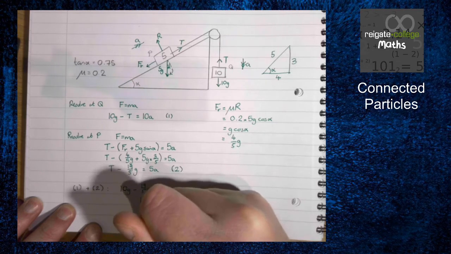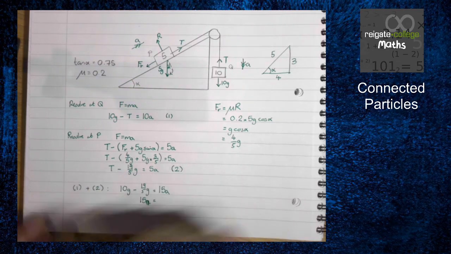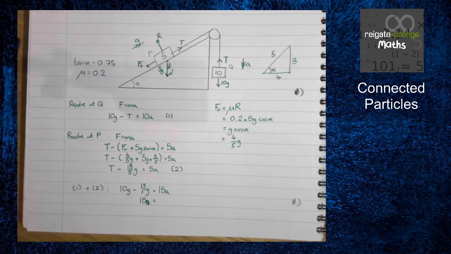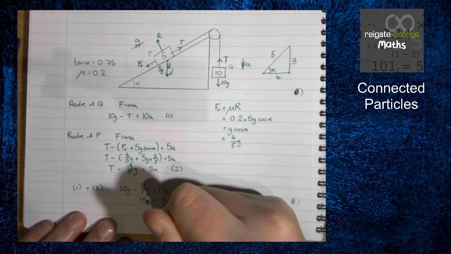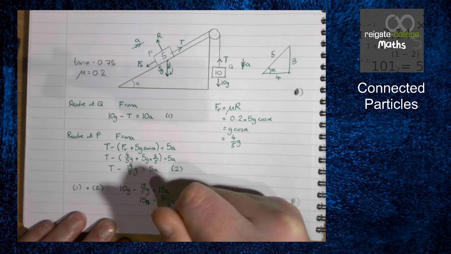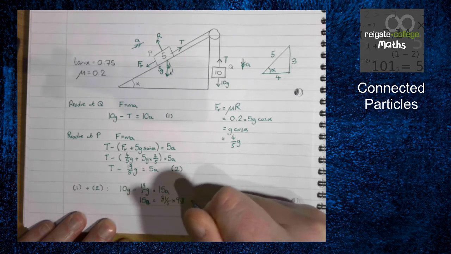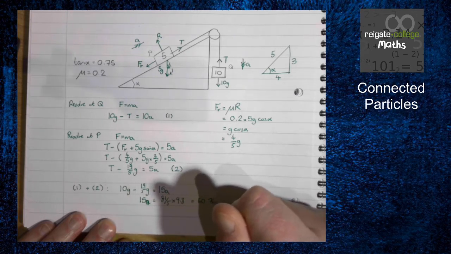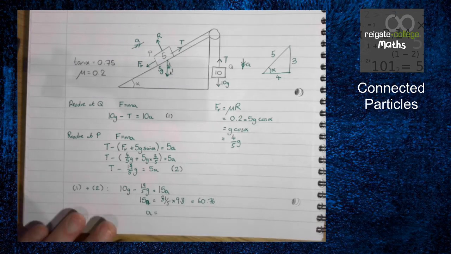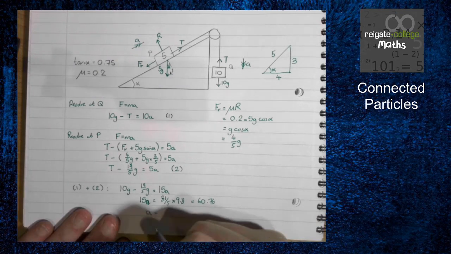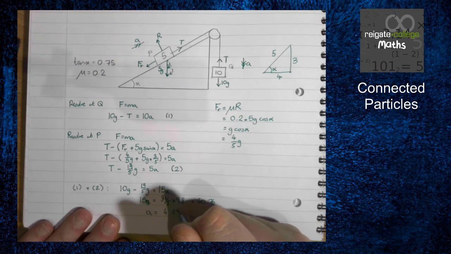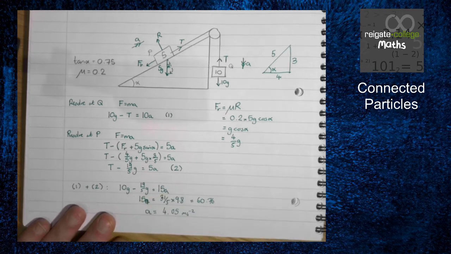So 15a is 10 minus 19 over 5, 31 over 5 times by 9.8. So 31 over 5 times 9.8, which is 60.76. So a is that divided by 15, which is 4.05 meters per second squared.